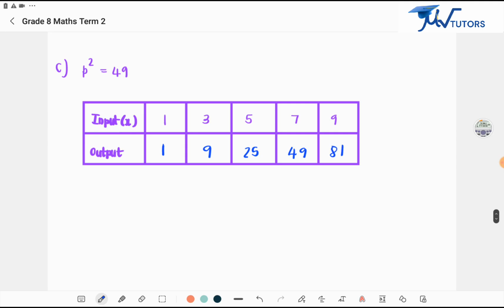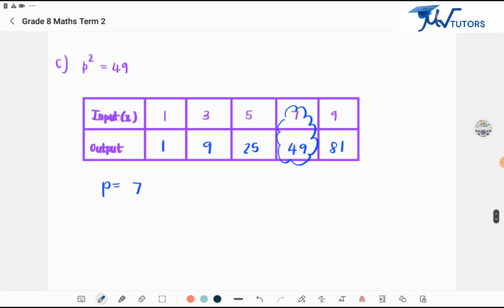So where does our answer lie? It lies over here. So basically p is equal to 7. What if we had a negative 7? Negative 7 times negative 7, the negative and negative are positive. 7 times 7 is 49. So positive and negative definitely work there.